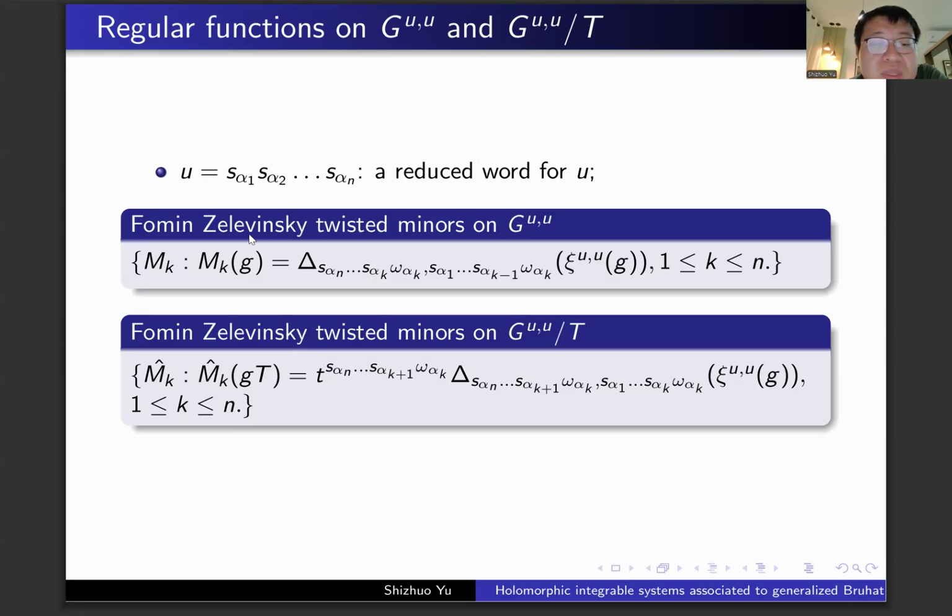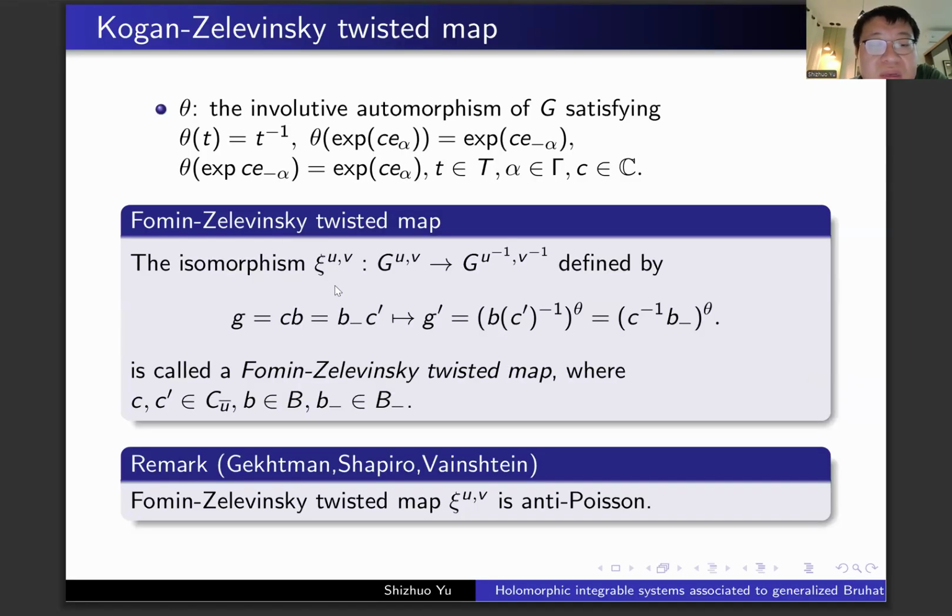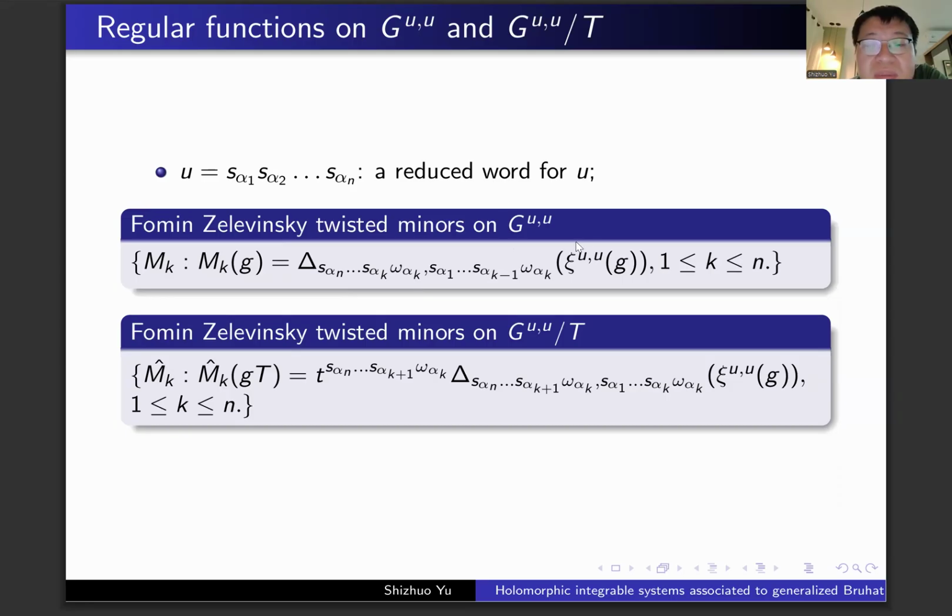The Fomin-Zelevinsky twisted minors are defined by the Fomin-Zelevinsky twisted maps and generalized minors. And this map actually depends on the choice of the reduced word of U. And similarly, we can define twisted minors on the reduced case as well.